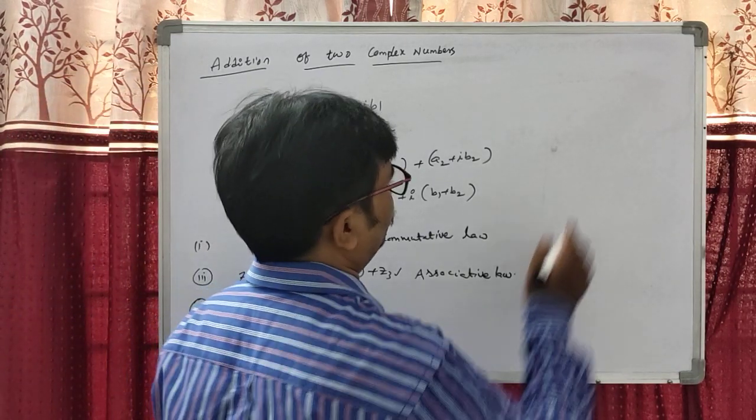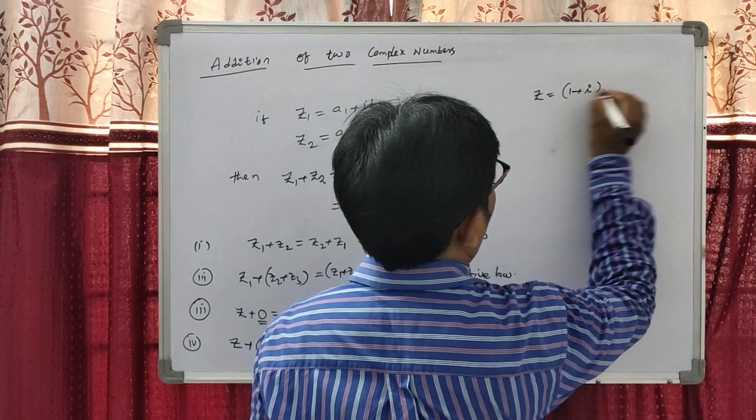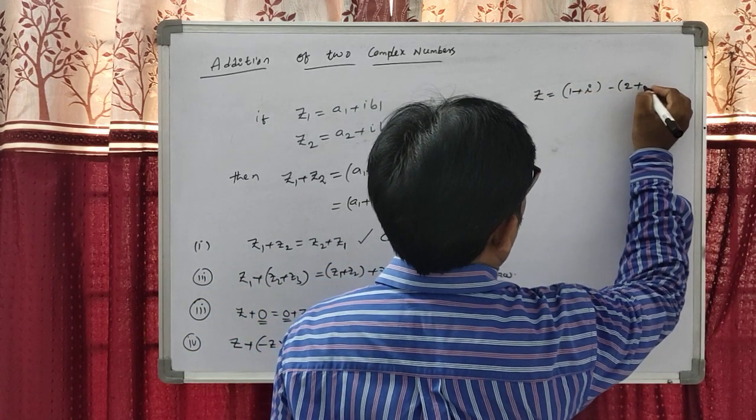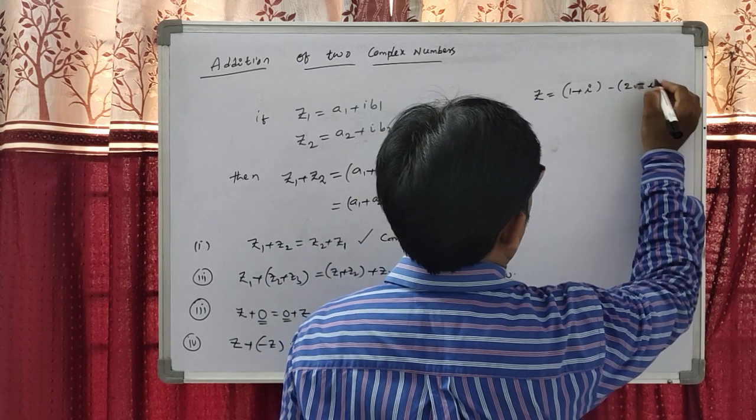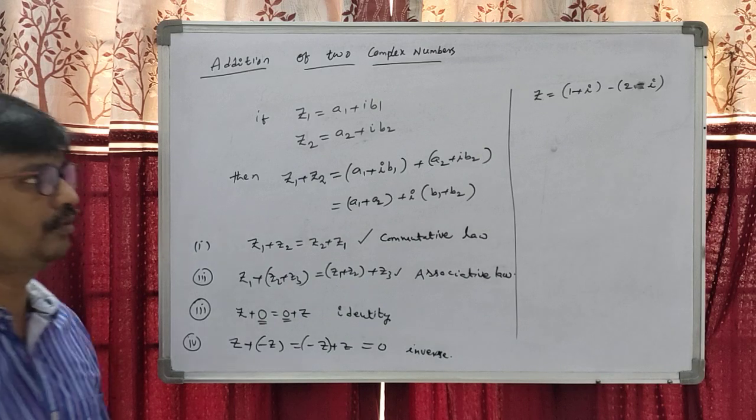For example, I will take z equal to 1 plus i minus of 2 minus i. How to write the additive inverse of this one?